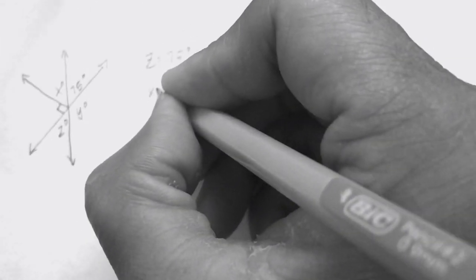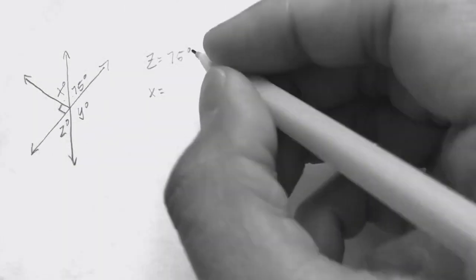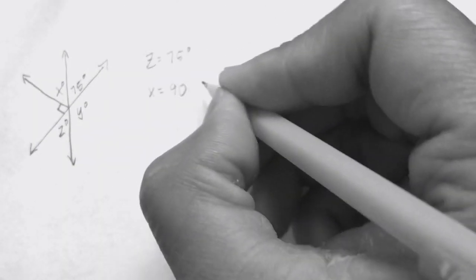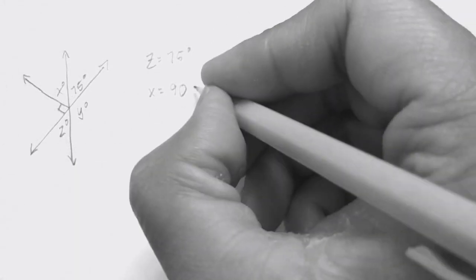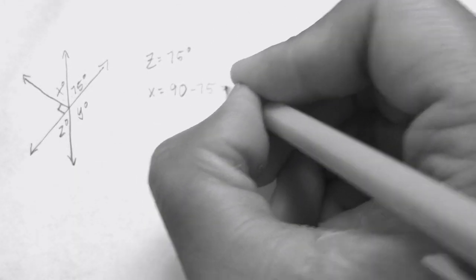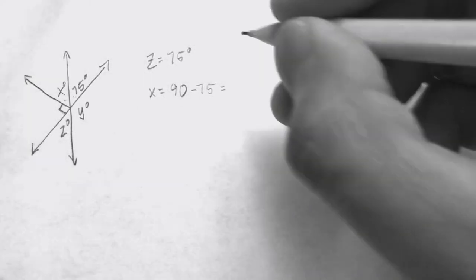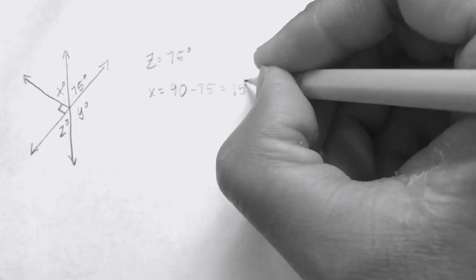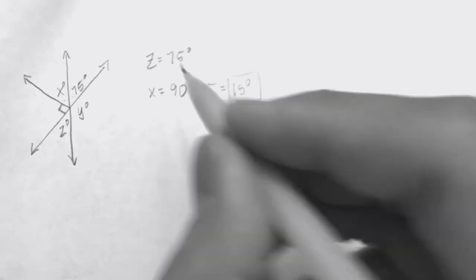To find X, we know it's 90 degrees, and we're going to subtract off what we know. So we subtract 75, which means X is equal to 15 degrees.